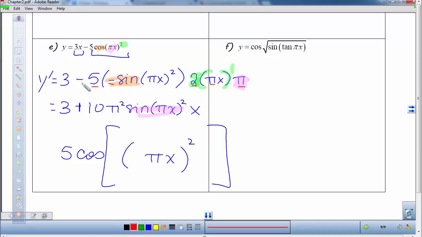The negative with the minus made it positive. Pi and pi gives me pi squared. And the x I wrote at the end. I could have put it over there. Okay, and then what was left was sine pi x squared. Okay. Questions about that?